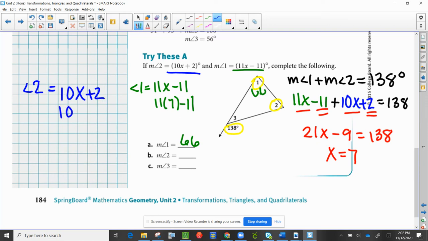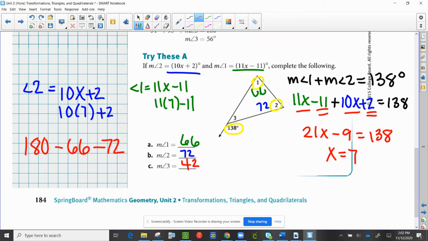So let's see, 10 times 7 is 70, plus 2 would give me 72. So now to find the measure of angle 3, I would just have to take 66, my two other angles, and subtract them from 180, right? So for the measure of angle 3, I would take 180, subtract off my other two angles that I know, 66 and 72. So the measure of angle 3 should be 42 degrees.